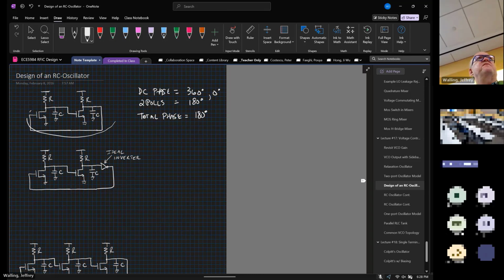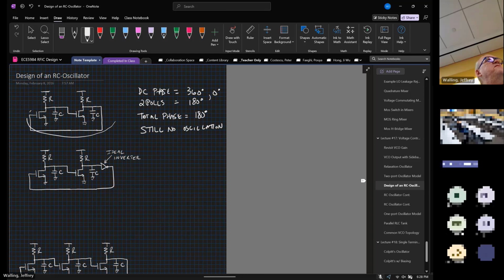Still doesn't oscillate, right? All right, well, 2 analog inverters don't work.